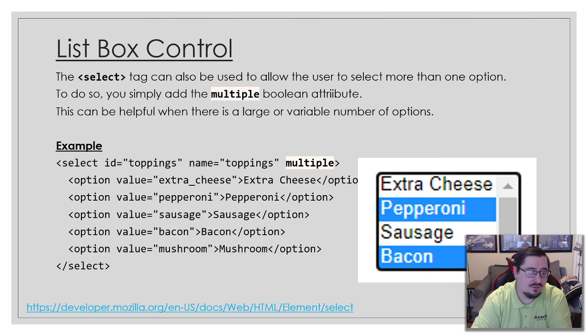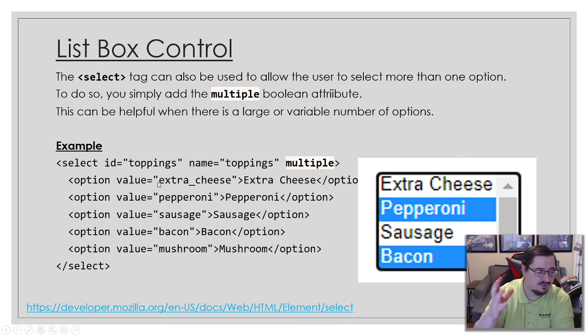There is, however, another way to use the select tag. It doesn't have to be a dropdown. Typically it will be a dropdown, but you can also use it another way. If you add the multiple attribute to your select, that will allow the user to select more than one option.